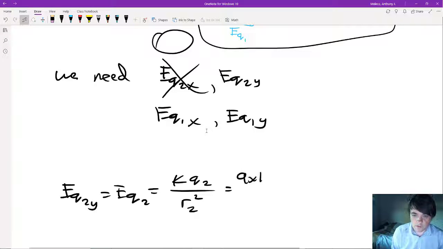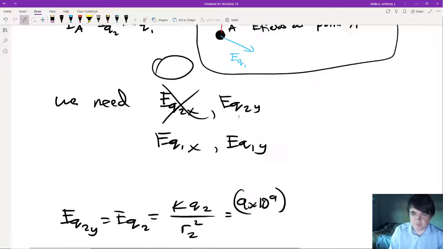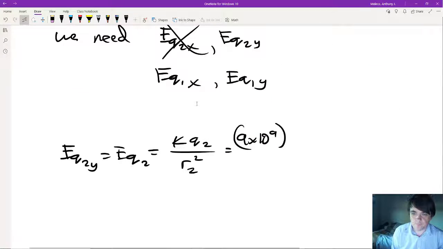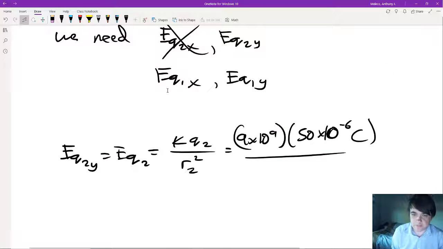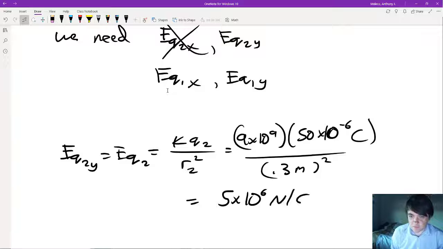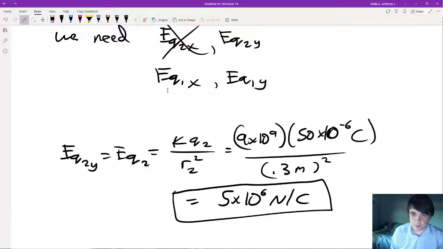So 9 times 10 to the 9 times Q2, which is 50 microcoulombs, 50 times 10 to the minus 6 coulombs, over the distance, 30 centimeters, 0.3 meters squared. This guy ends up being 5 times 10 to the 6 Newton per coulomb. Okay.